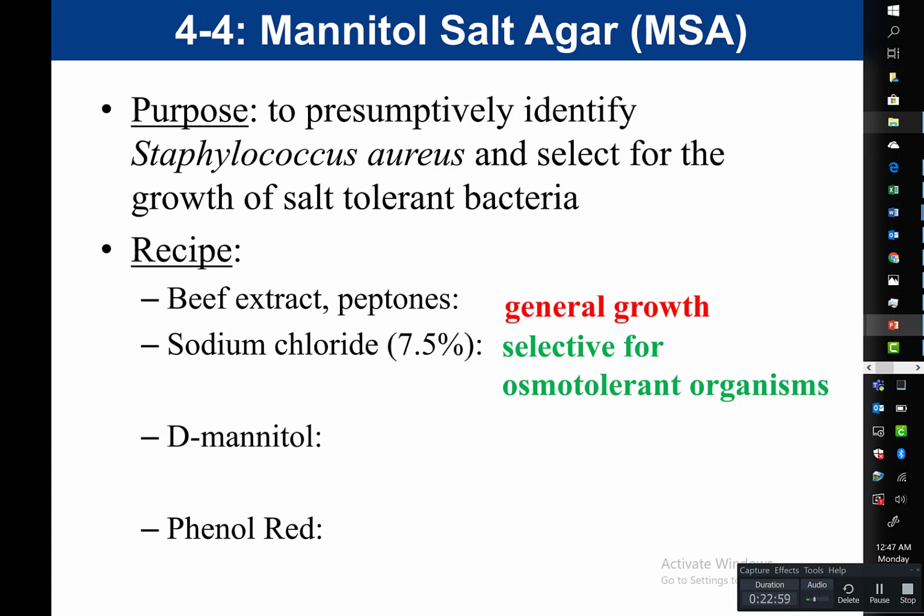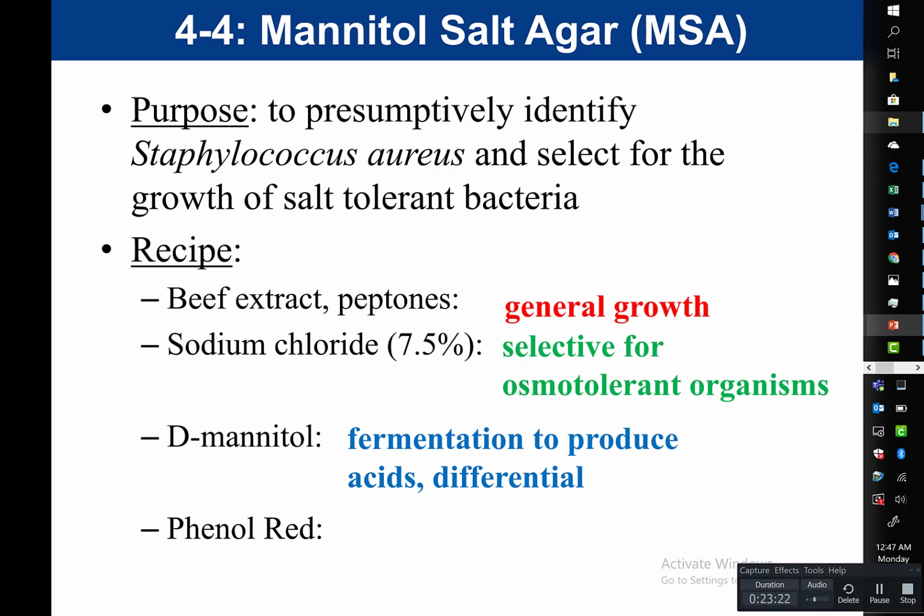We need an ingredient that will allow us to differentiate Staphylococcus aureus from other osmotolerant organisms. And our differential ingredient in this case is going to be our D-mannitol. D is just the form of the sugar. It's the isomer of the sugar. And again, remember, our mannitol is our sugar.